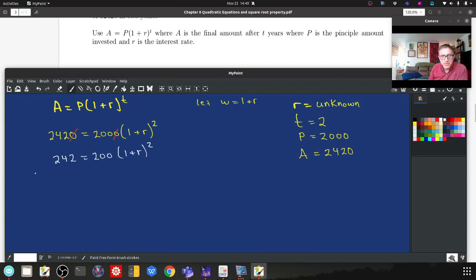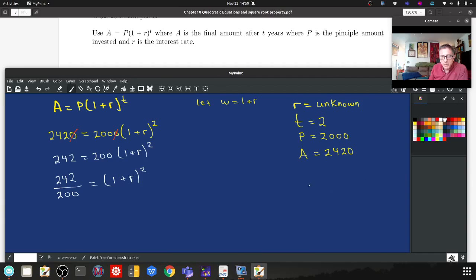And now I'm going to divide both sides by 200. So 242 is equal to 1 plus r squared.